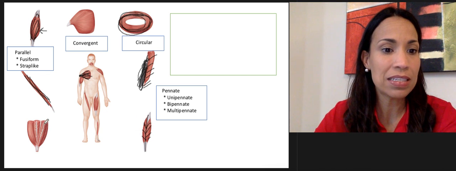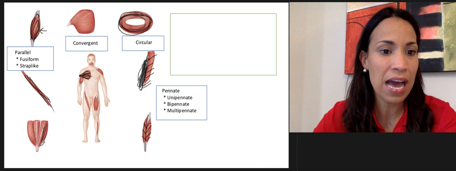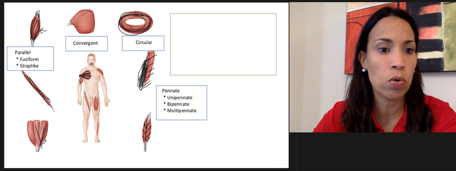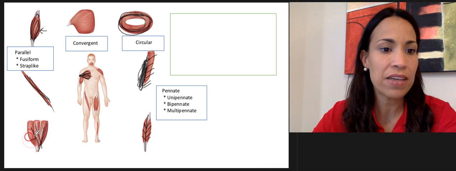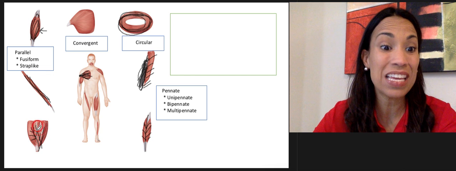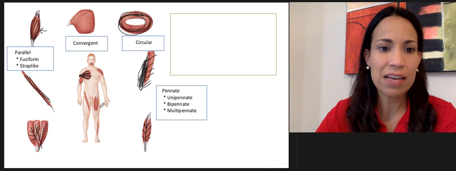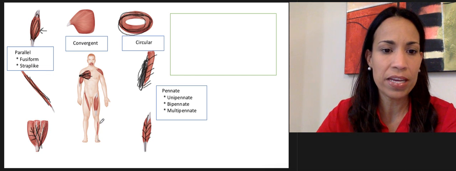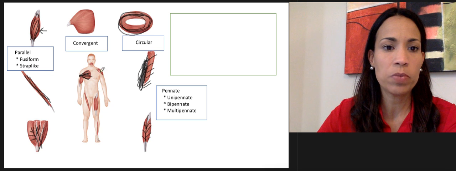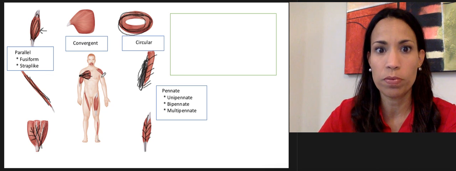And in the multipennate, we have not one, but two or more tendons, and the fascicles attach on either side of each of the tendons. An example of the unipennate is the extensor hallucis longus. Of the bipennate, look at the rectus femoris, and the multipennate, the deltoid muscle.